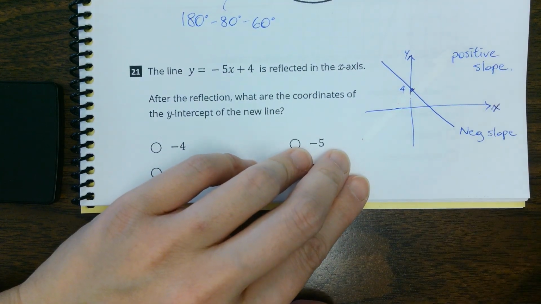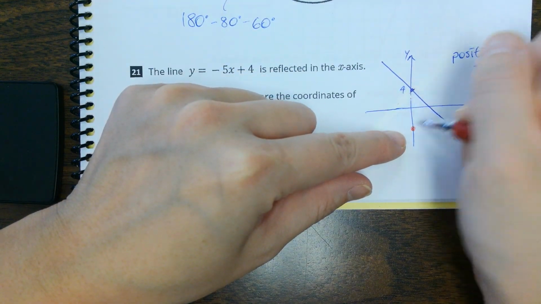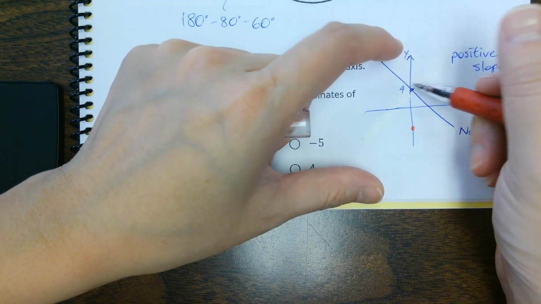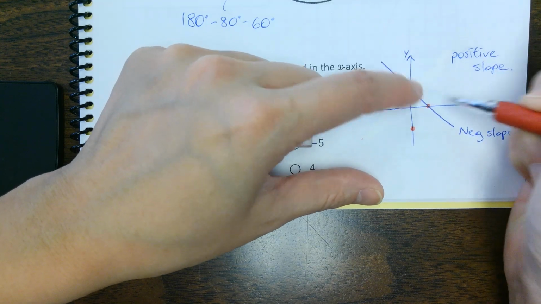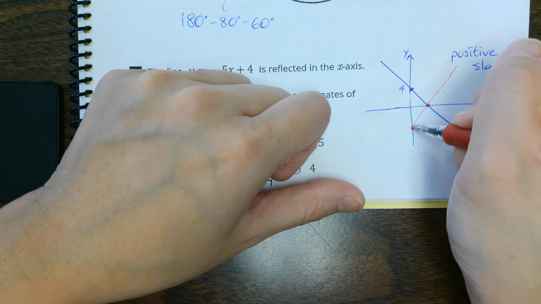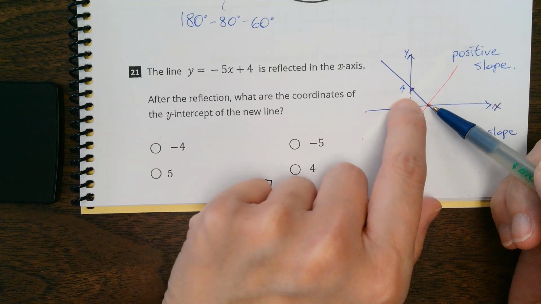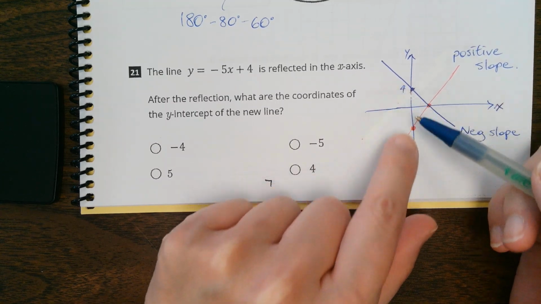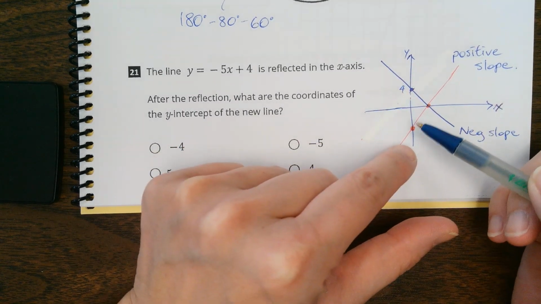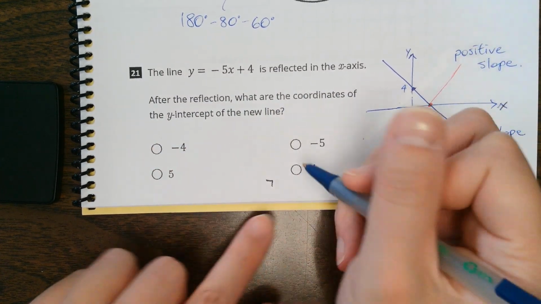Negative 4. Yeah. So this is now here. The x-intercept would stay the same, but the y-intercept, because it's reflected on the x-axis, think of it like a mirror image, it's now at negative 4.